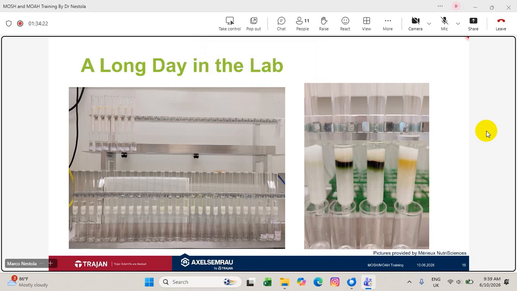So that's the idea of the necessity. I didn't put that inside because it would be too complex at that stage. But when you're doing the manual method, you need to have 0.5% silver nitrate in the silica. When you use smaller particles, unfortunately, the sample is not flowing anymore through the column.